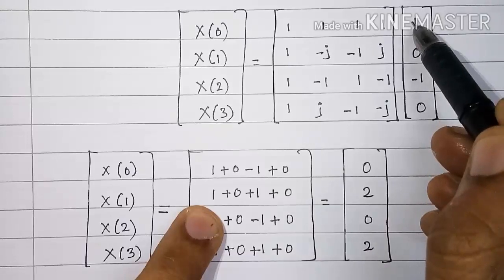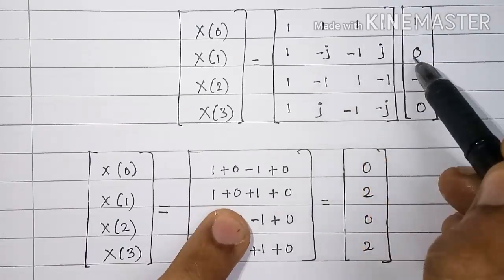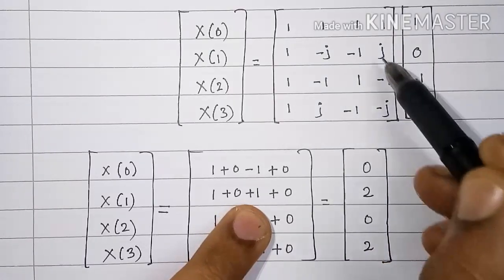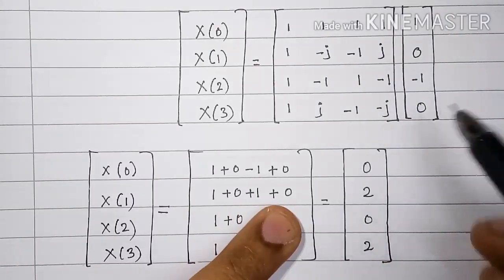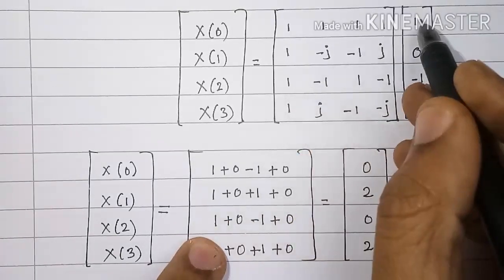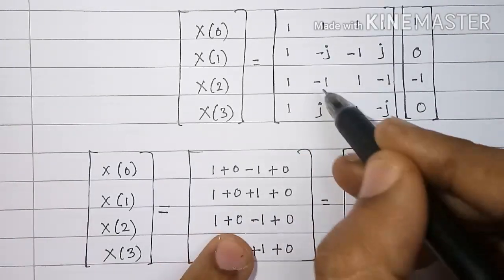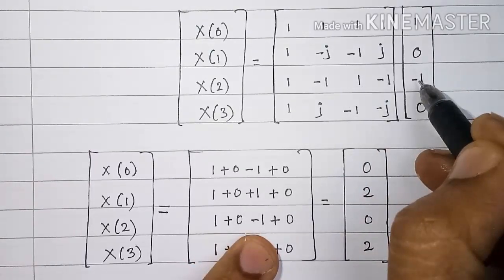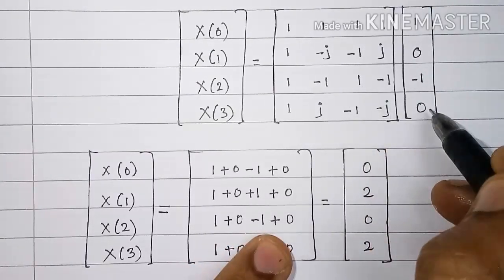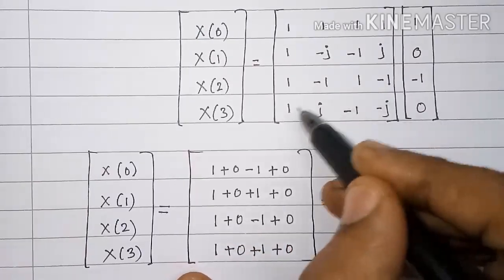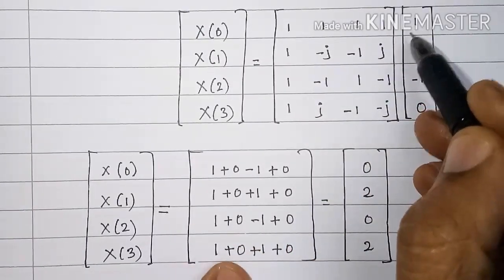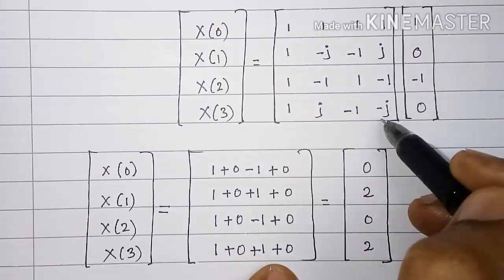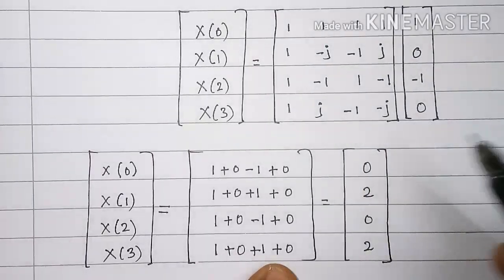Next, 1 into 1 is 1, minus j into 0 is 0, minus 1 into minus 1 is plus 1, j into 0 is 0. 1 into 1 is 1, minus 1 into 0 is 0, 1 into minus 1 is minus 1, minus 1 into 0 is 0. 1 into 1 is 1, j into 0 is 0, minus 1 into minus 1 is plus 1, minus j into 0 is 0.